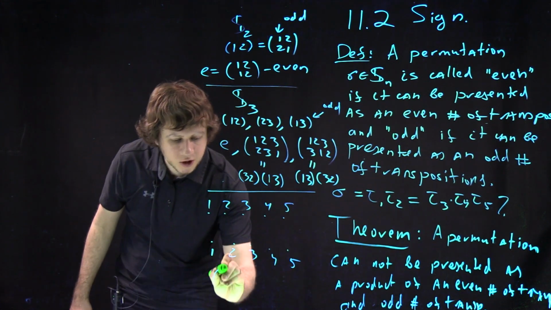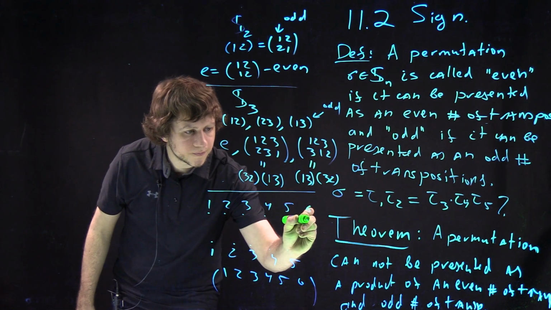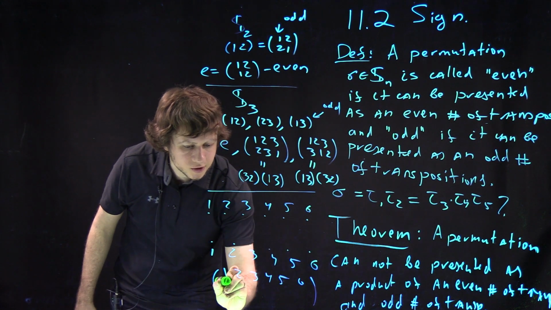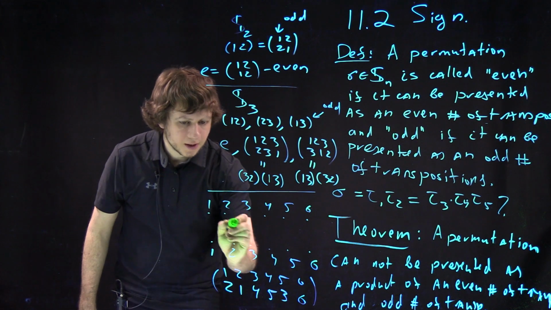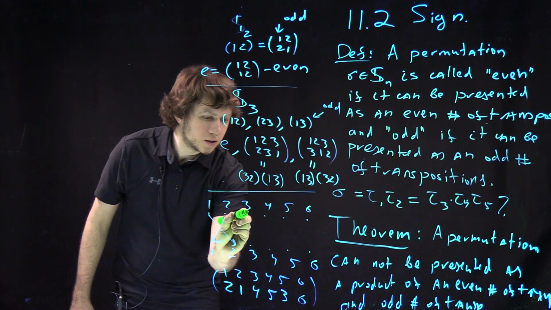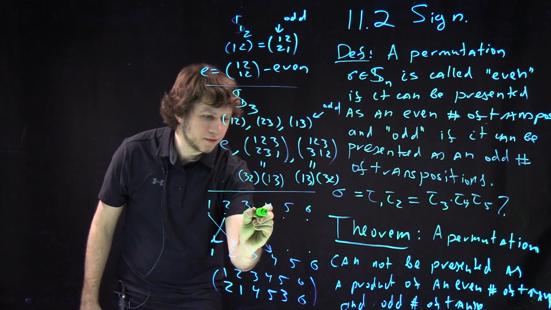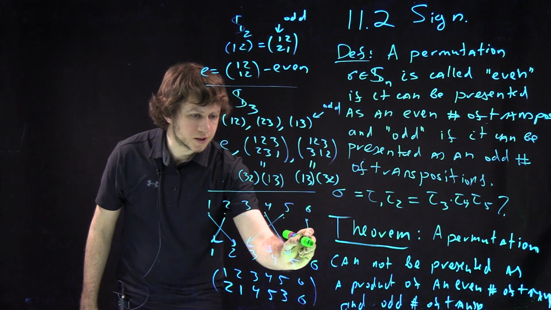Let me take the permutation 1, 2, 3, 4, 5, 6 goes to, say, 2, 1, 4, 5, 3, 6.